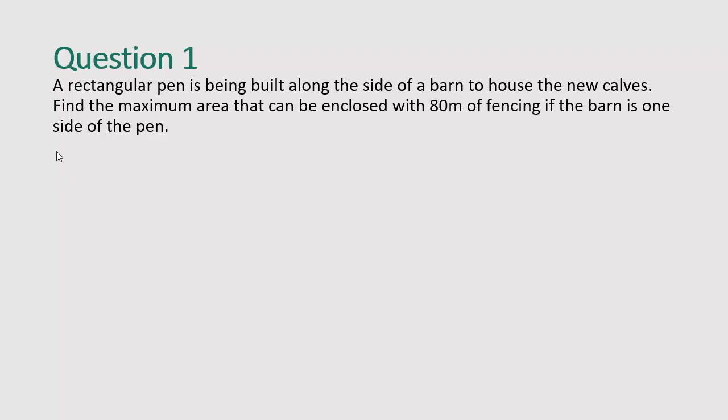So the first thing I would recommend that you do is to draw a picture of the situation. It says that there's a barn and that you're going to construct a fence using the barn as one side of the enclosure, and you have 80 meters of fencing.